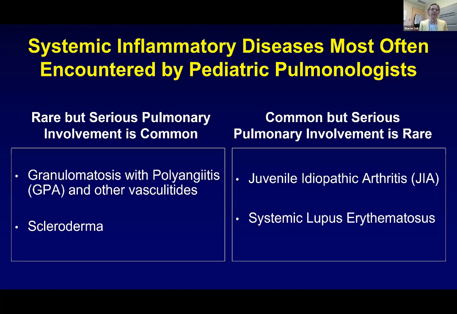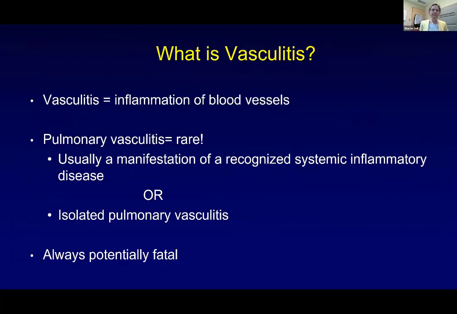So these are obviously rare rheumatological diseases, but pulmonary manifestations are very common. And then we have the common rheumatological conditions like JIA and lupus, where pulmonary involvement is rare. But because the diseases are common, obviously we are going to sometimes see pulmonary complications of these diseases.